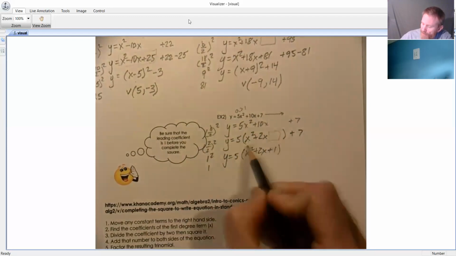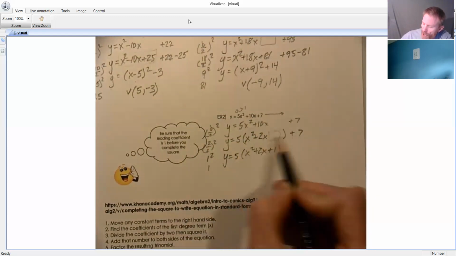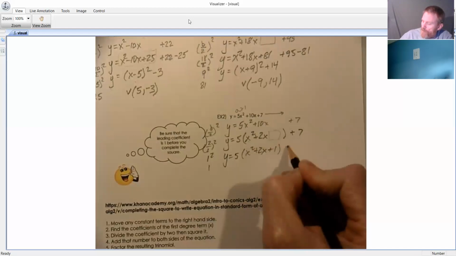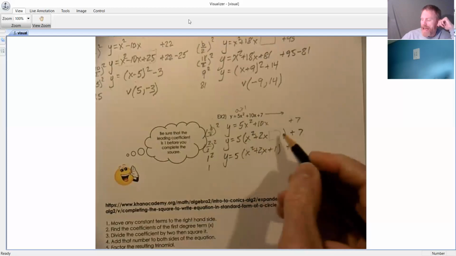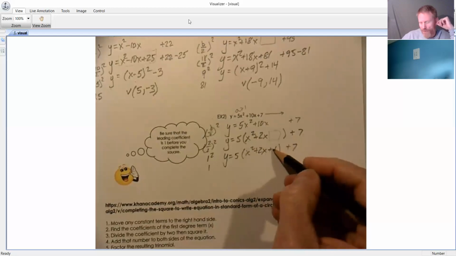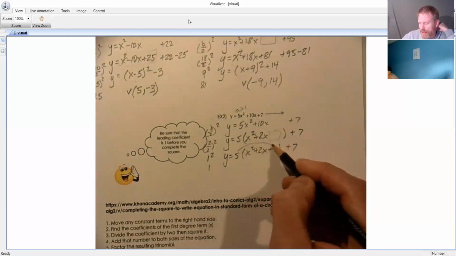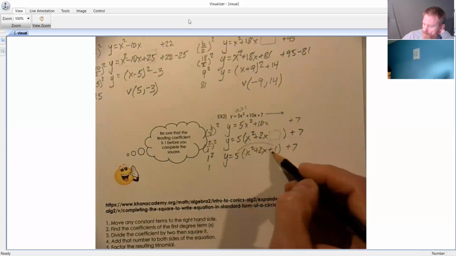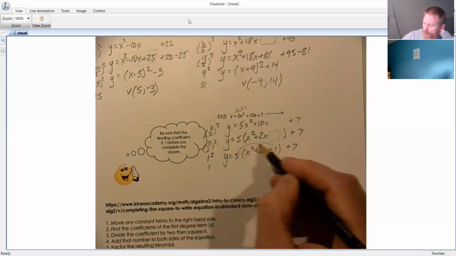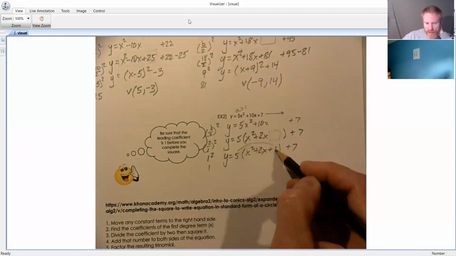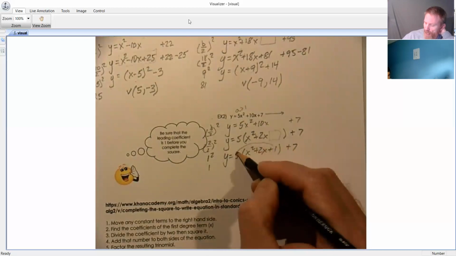I'm writing it on a different line to show you that it's a thought that comes after that process. And because we added the 1 here, we've got to concentrate about what value's really being included. Because the 1 is inside the parentheses and the 5 is on the outside of the parentheses, by putting a 1 here, we actually have 5 times 1.